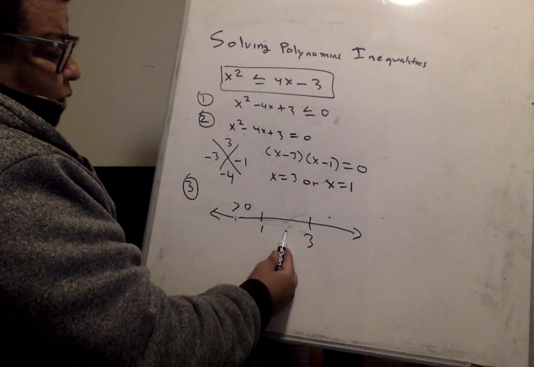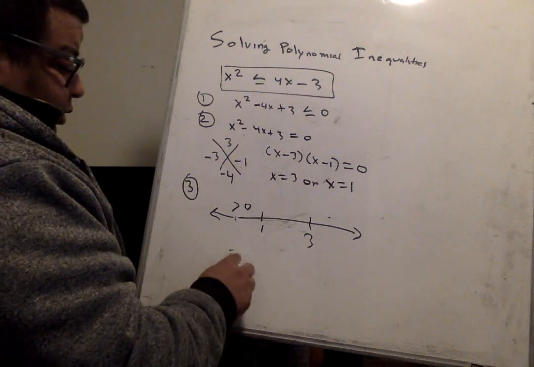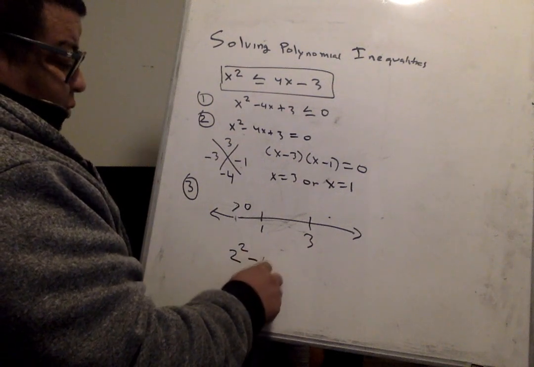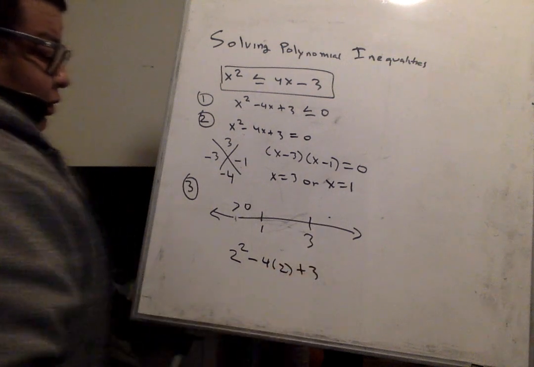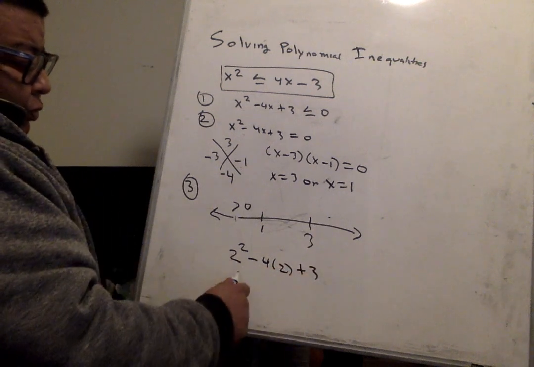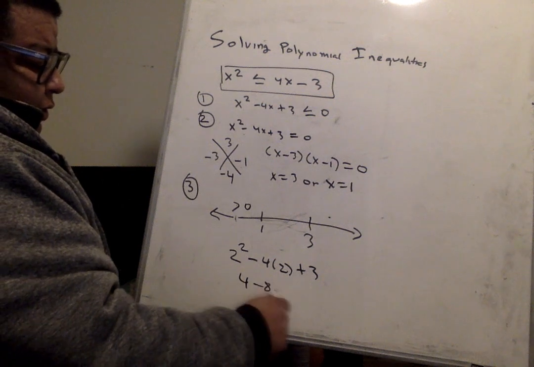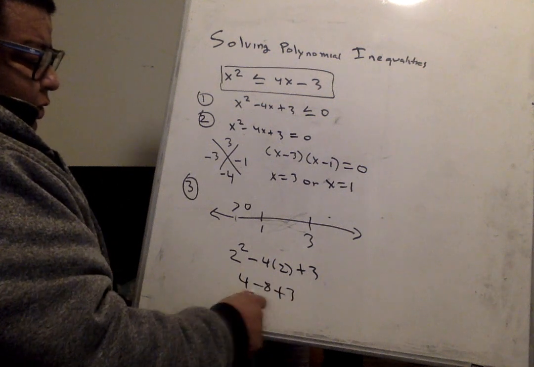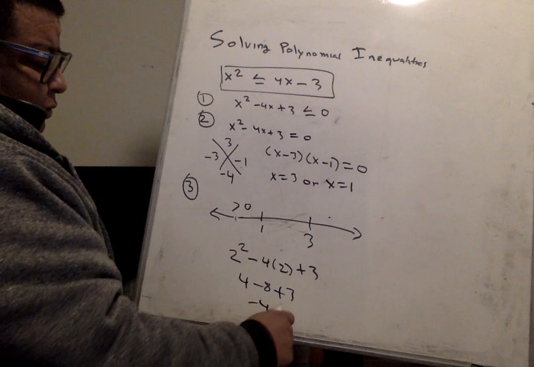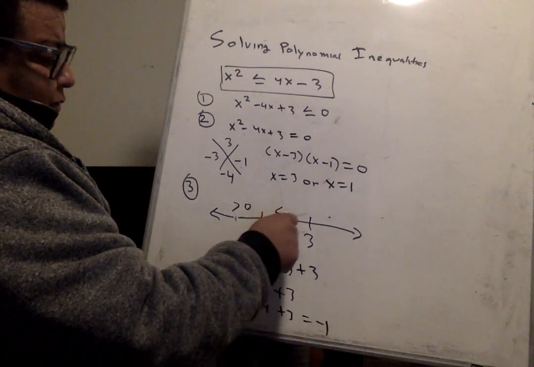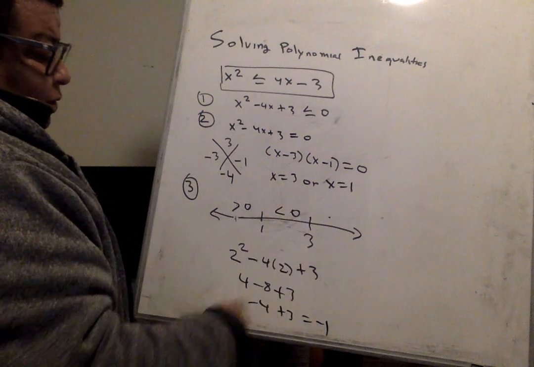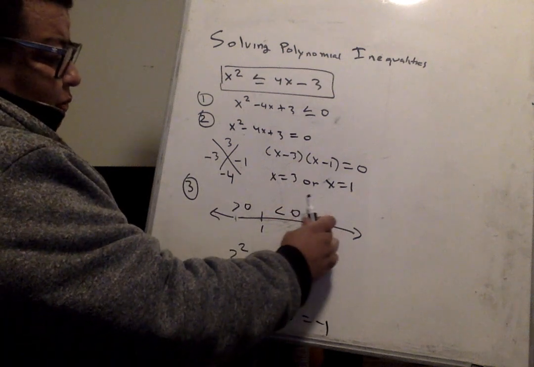If I choose a point here, it will be 2. So that would be 2 squared minus 4 times 2 plus 3. So 2 squared is 4, minus 8 plus 3, that's minus 4 plus 3 equals negative 1. So this is part of the interval that we're looking for.